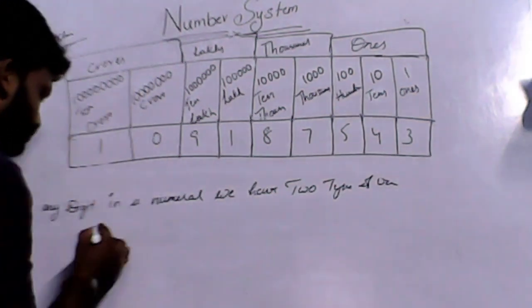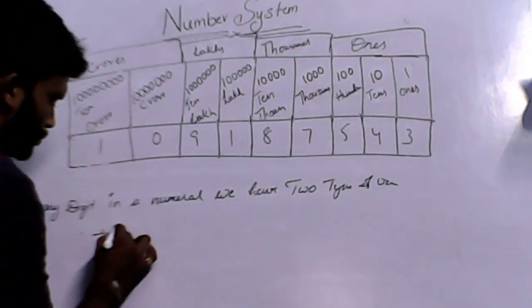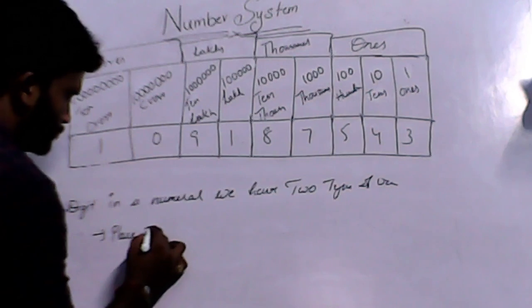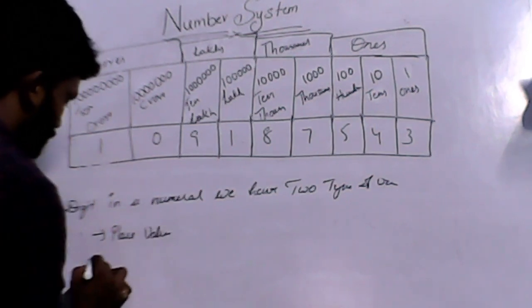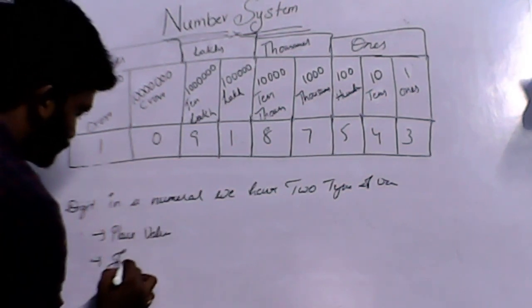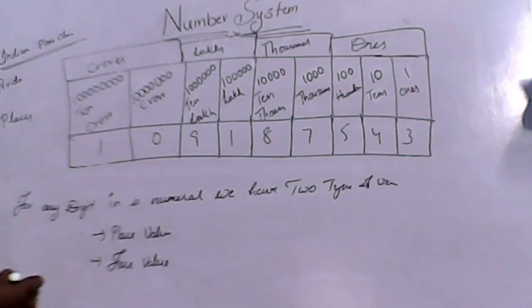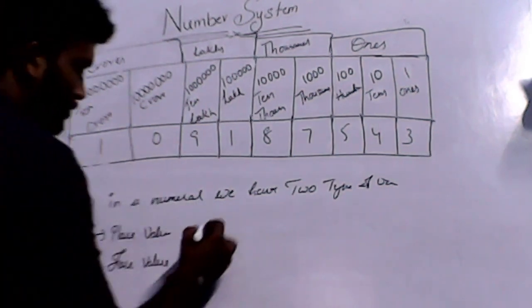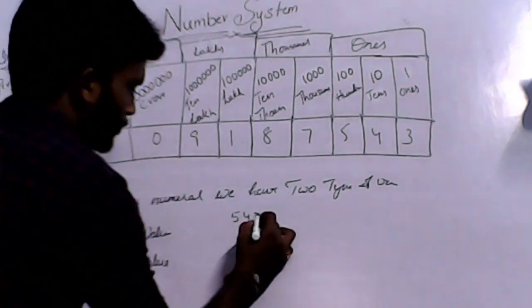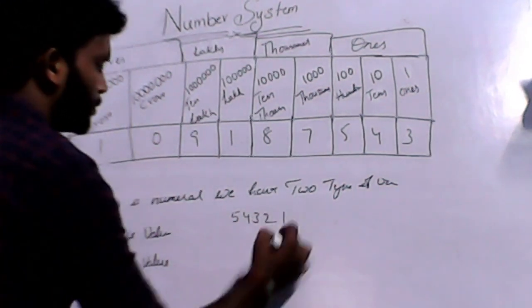Those are place value and face value. So for example, let's take 54321.